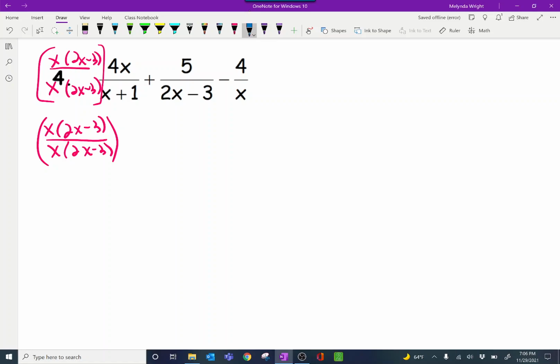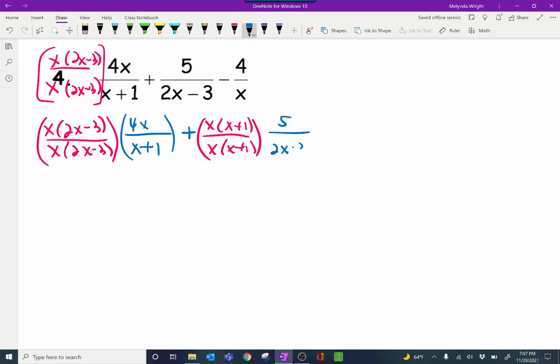And it currently has a 4x over x plus 1. That's what it currently has. Okay, plus. The second fraction needs an x and an x plus 1, and currently has a 5 and a 2x minus 3.